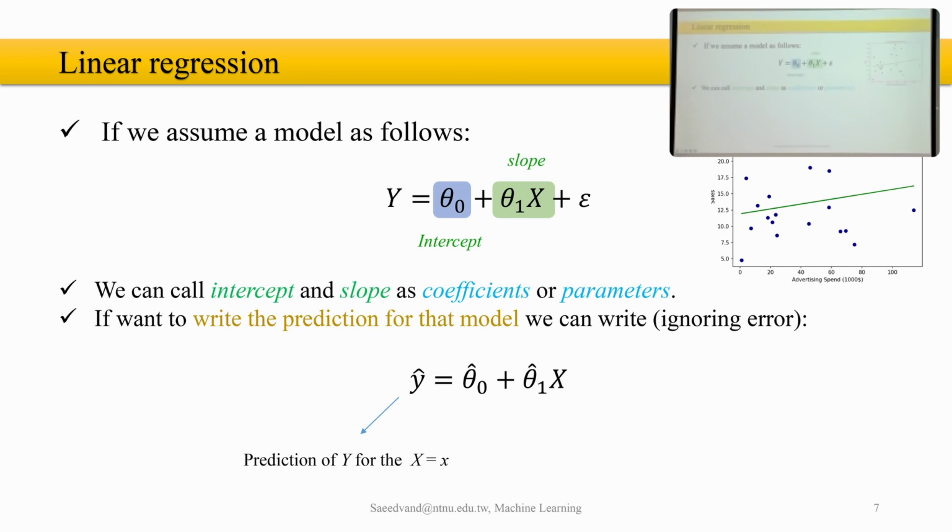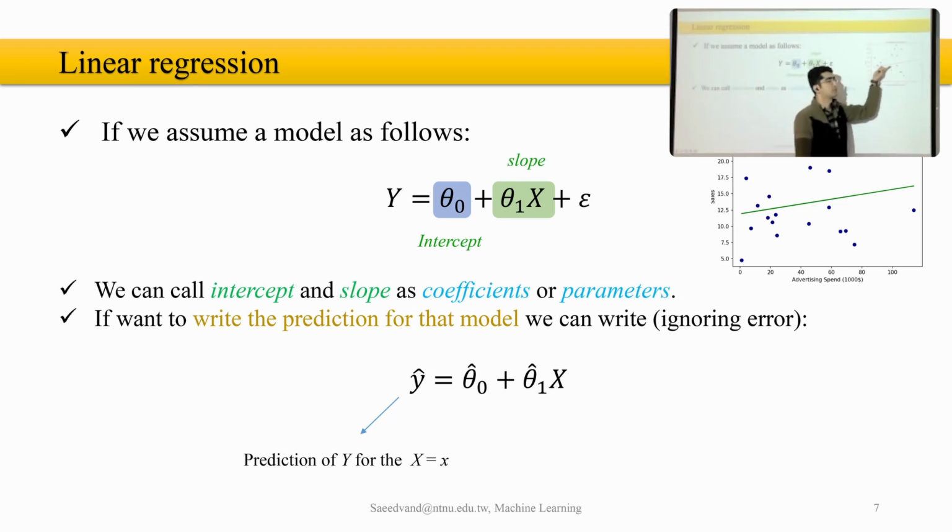Based on this definition over here, we usually call the terms of the slope and intercept coefficients or parameters. So whenever you are reading or listening to the word coefficient, we mean the parameters, including the slope and intercept, that we want to find in order to predict with our model.